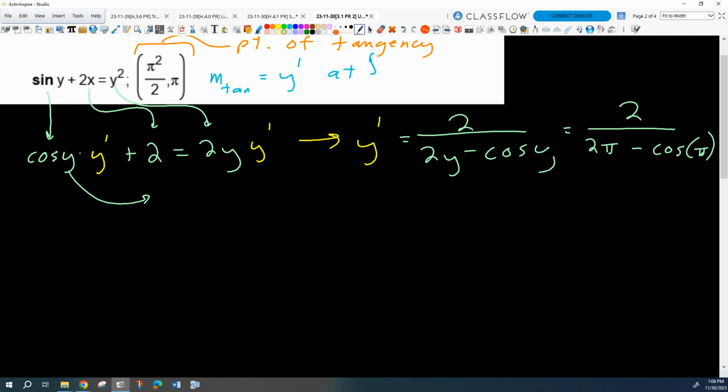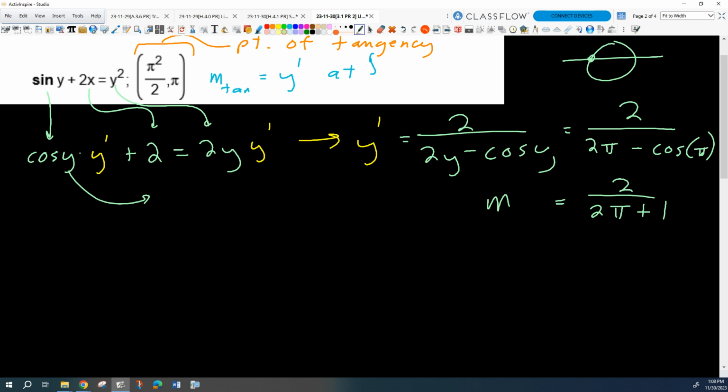How come? Because on the unit circle, we're looking for the x coordinate of that point, which is -1. So we're going to get 2 over 2 pi minus -1, which is plus 1. So that's our slope.